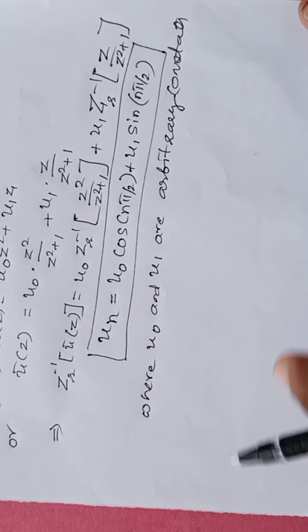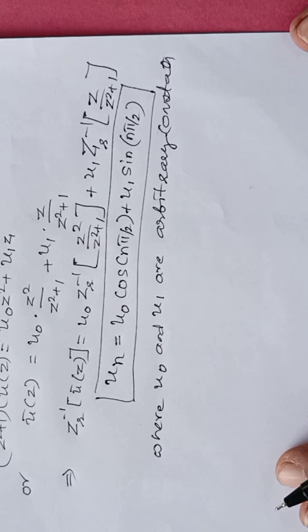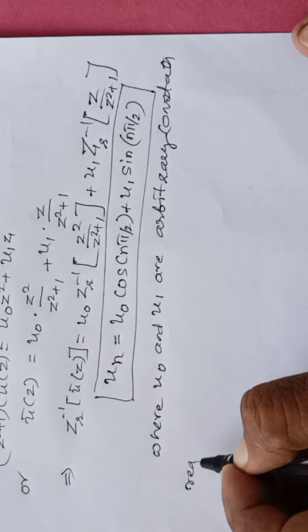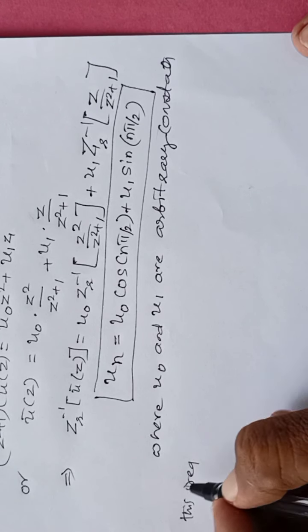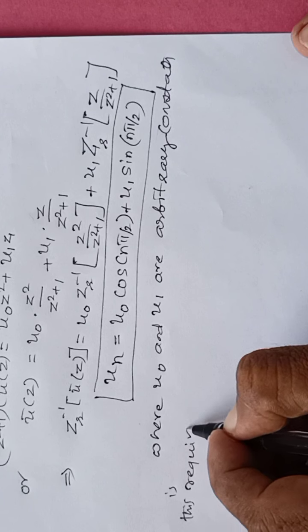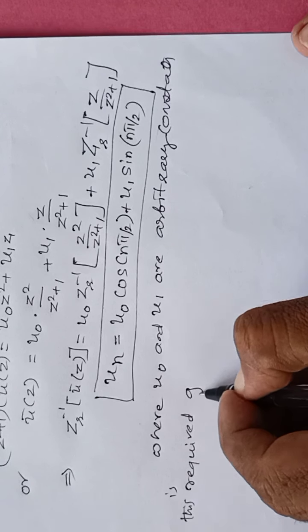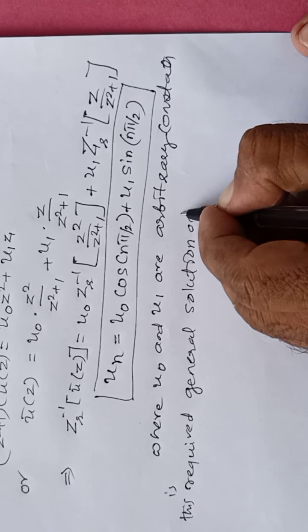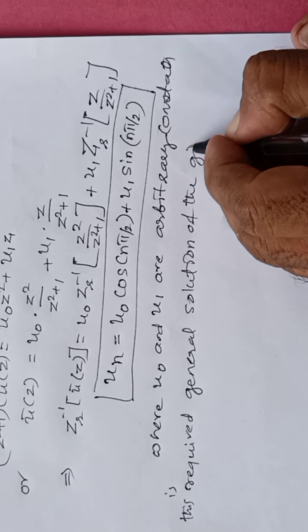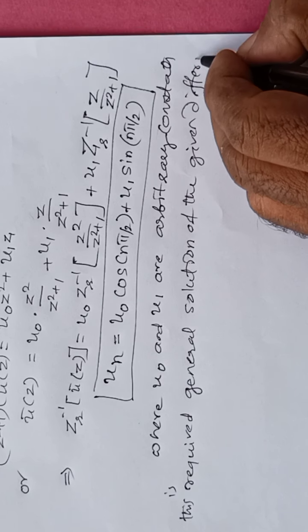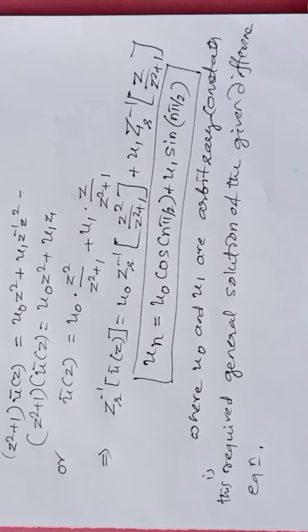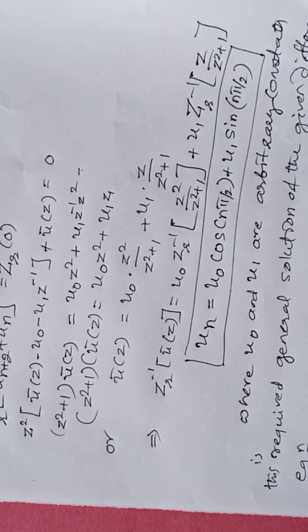So you can write here, this is the required general solution of the given difference equation. So this type of problem we call a difference equation. I hope you understood the solution of this problem.